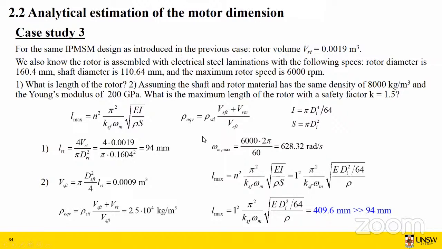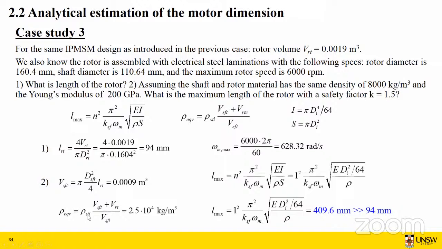And next, we need to use this equation to estimate the maximum permitted rotor length for the rotor to operate under the first critical speed. We need to calculate the shaft volume. We need to calculate the equivalent density using this equation, right?